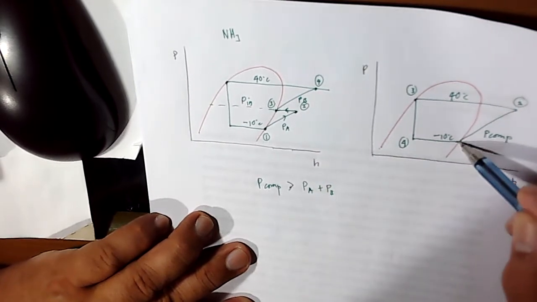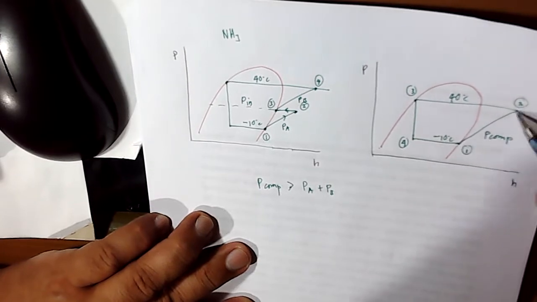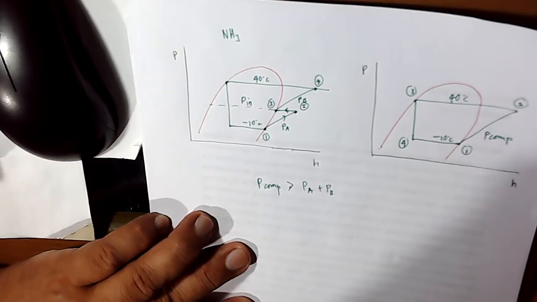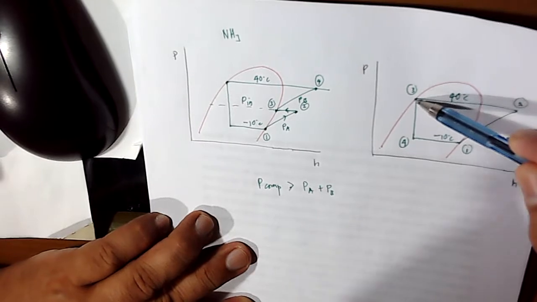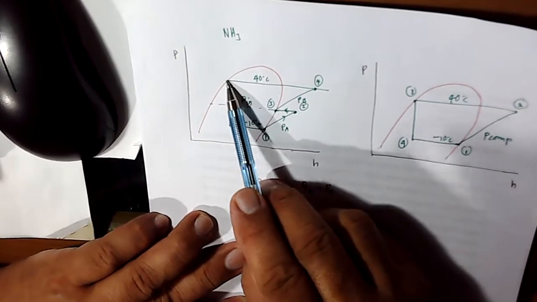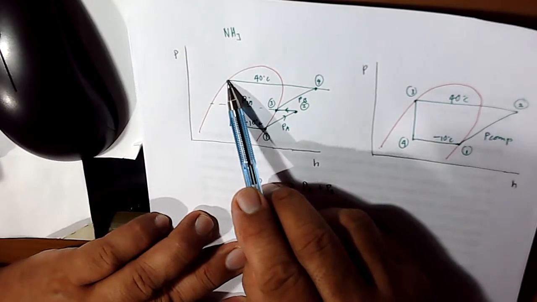However, using this one, point 1 going straight to discharge point 2 without any intercooling, notice that the rejected heat is much greater compared to this system using an intercooler.